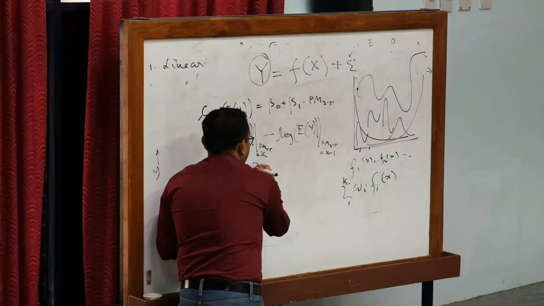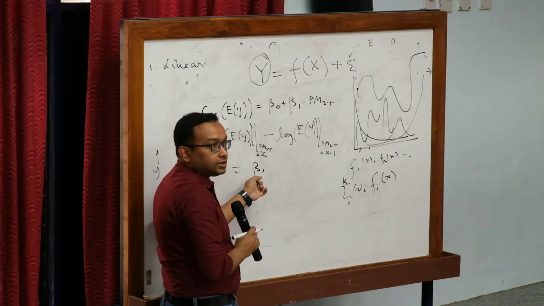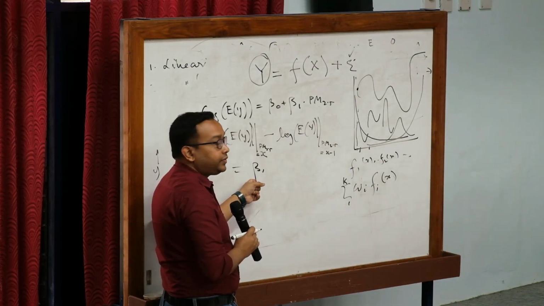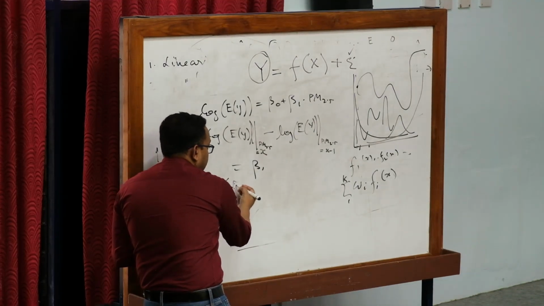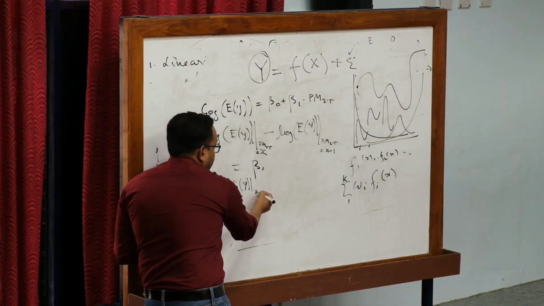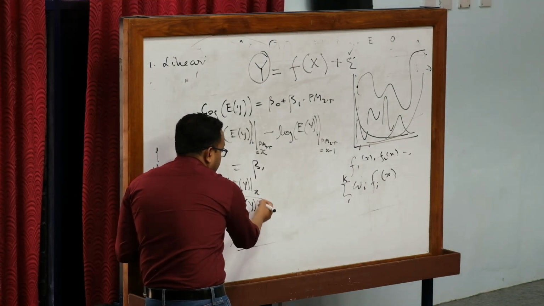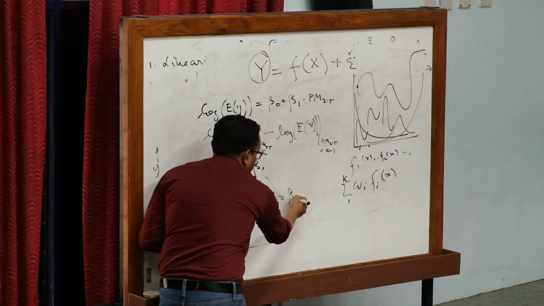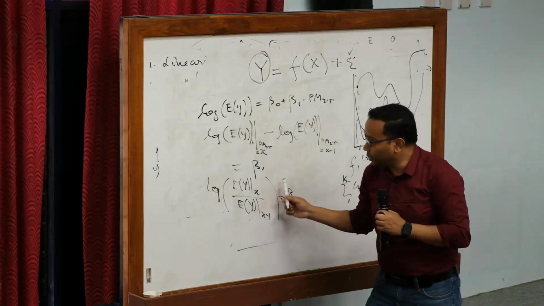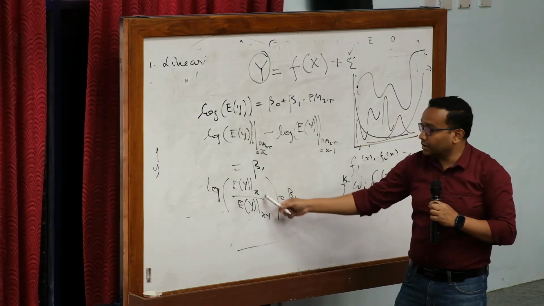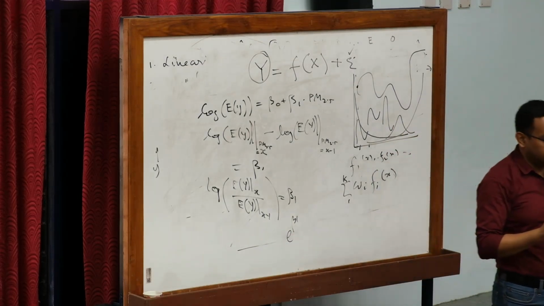So log of a minus log of b is log of a over b. So if I exponentiate this, then the ratio at x and x minus 1 is e to the power beta 1. So that's the incidence rate ratio.